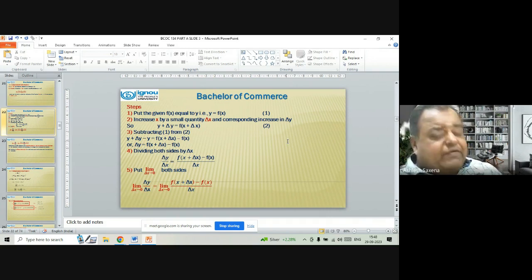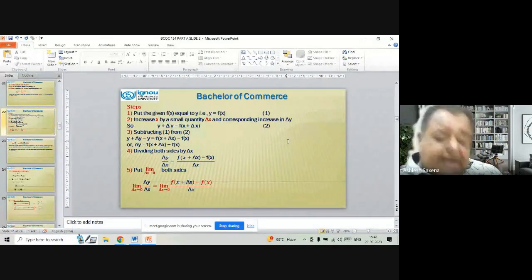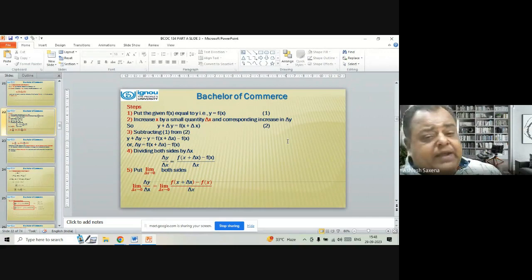In the third step, we will be subtracting 1 from 2. That means y + delta y - y on the left hand side, and on the right hand side we will be having f(x + delta x) - f(x). We are left with delta y = f(x + delta x) - f(x). Now we will be dividing both sides by delta x. On the left hand side it will be delta y / delta x, and on the right hand side it will be [f(x + delta x) - f(x)] / delta x.